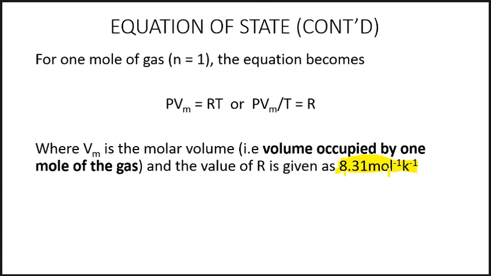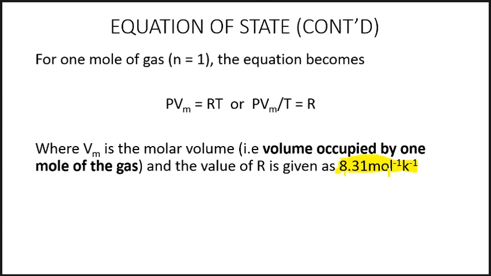Now, if I am to look at the formula I gave for the equation of state, which is PV equals nRT, there are certain factors that must be fulfilled for that formula to hold. For the formula to be valid, the following must be fulfilled.